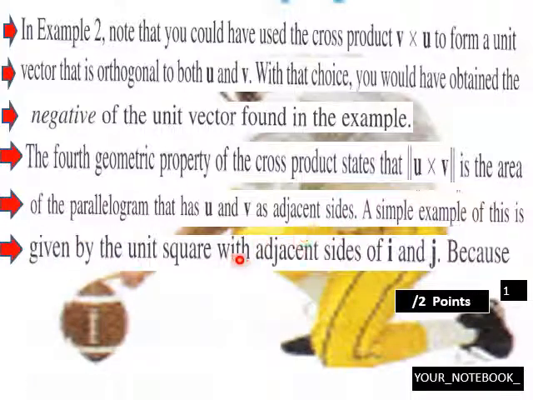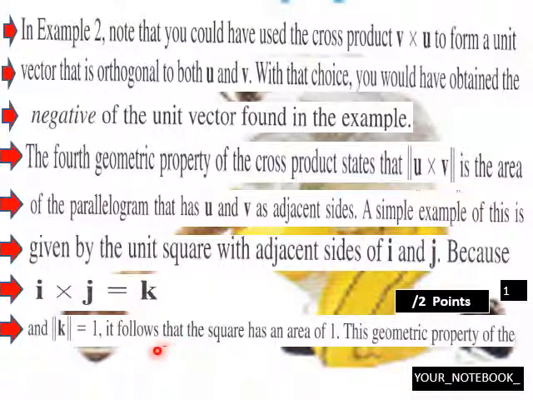A simple example of this is given by the unit square with adjacent sides of i and j. Because i times j will equal k, and the directed vector of k equals 1, it follows that the square has an area of 1.